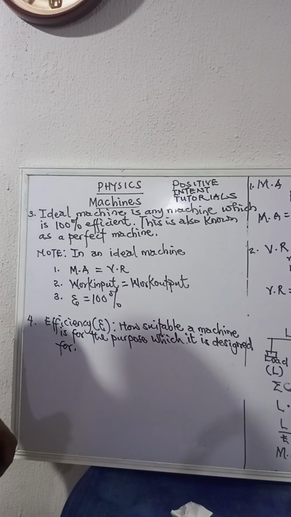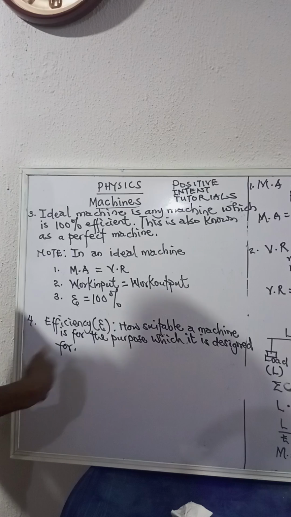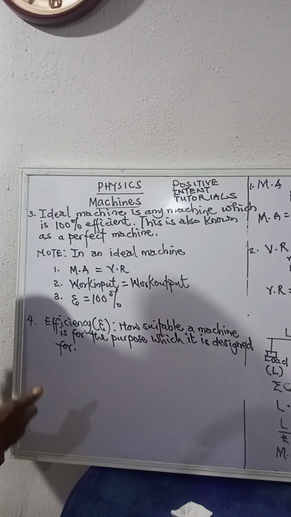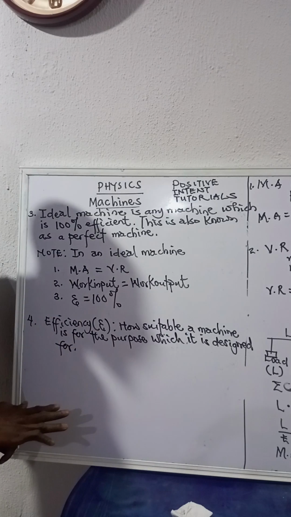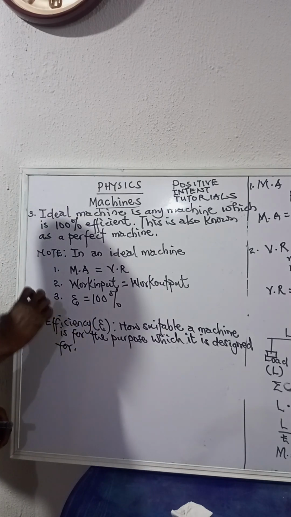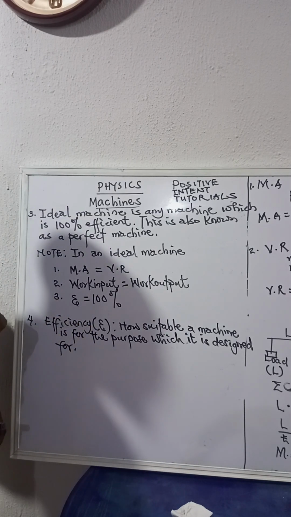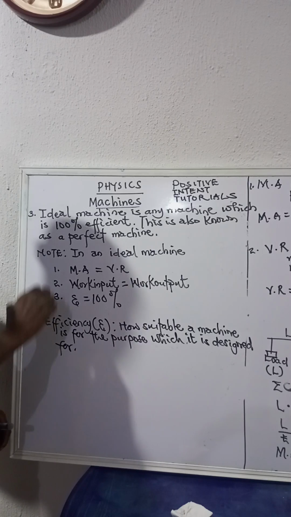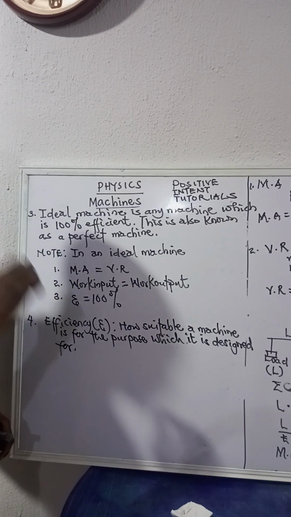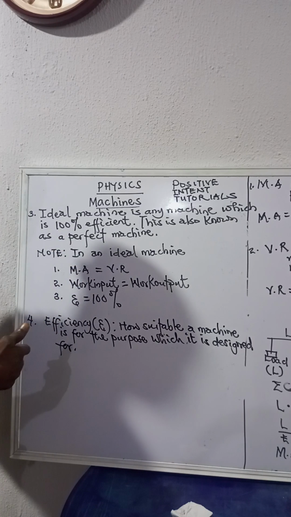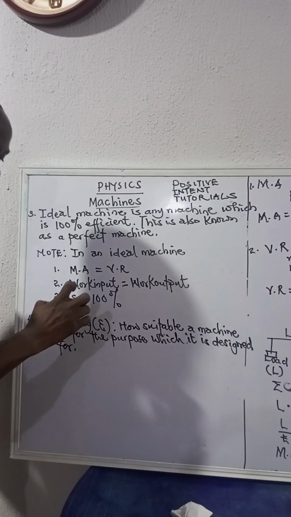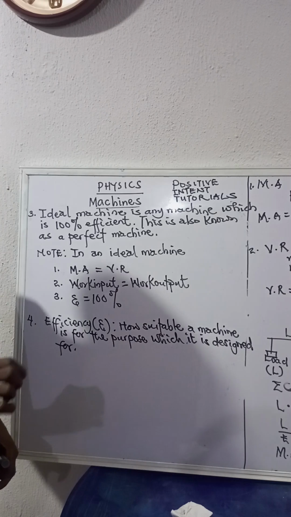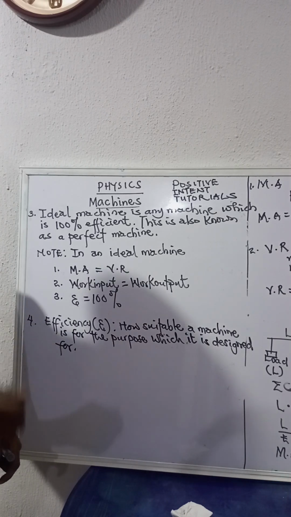When a knife turns blunt, it means that its efficiency, its workability, will be lower. So that's the fundamental concept behind efficiency: how perfect or how suitable a particular machine is for the purpose for which it has been designed.